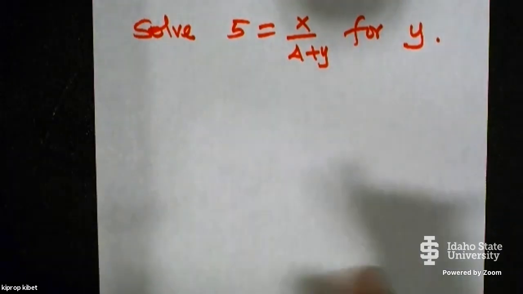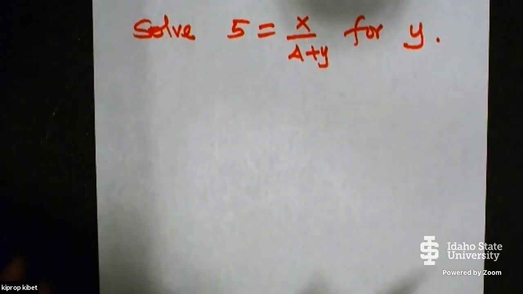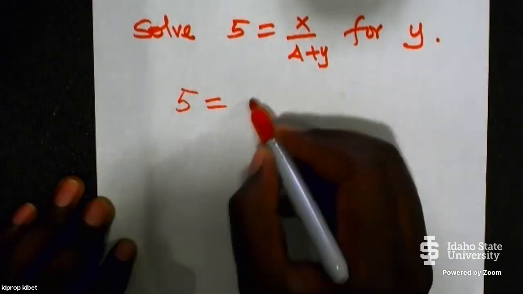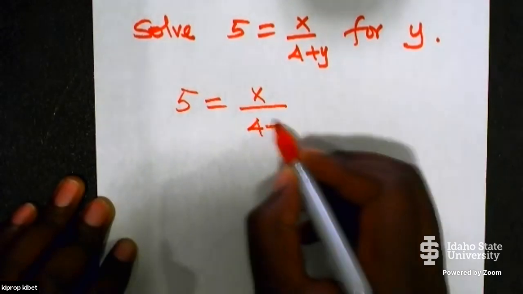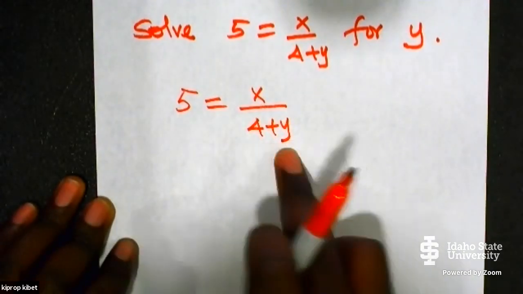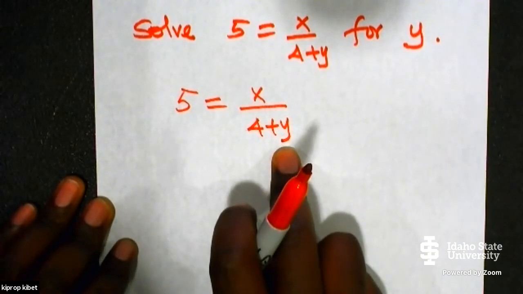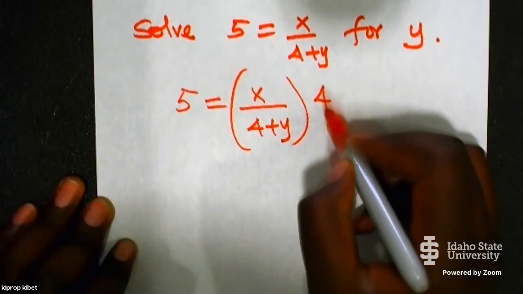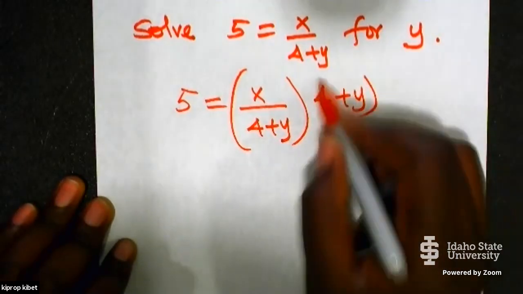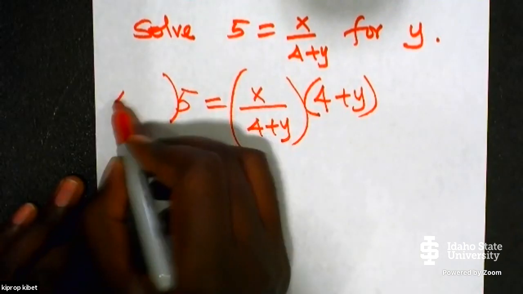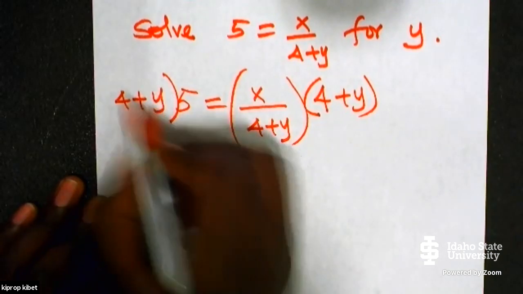So like what we did in the first one there, we have 5 equals x all over 4 plus y. Then we want to make y the subject here. Therefore, we multiply everywhere by what? 4 plus y. So what you've done on the other side, you do on this side.